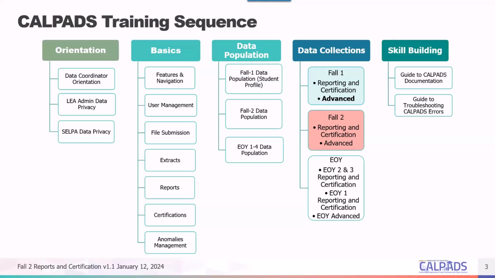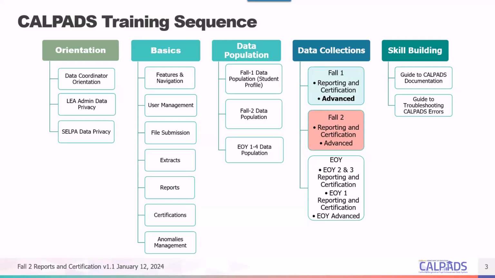All the trainings are wrapped in the training sequence. So if you're new, this is useful information for you. Highlighted in the salmon color is this training, Fall 2 reporting and certification, and everything above it and to the left was prerequisite material. Those bubbles are not just single trainings; they're groupings of trainings.